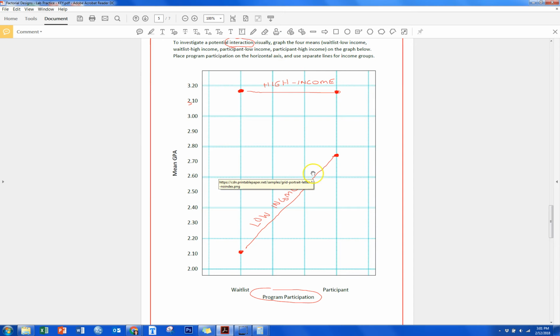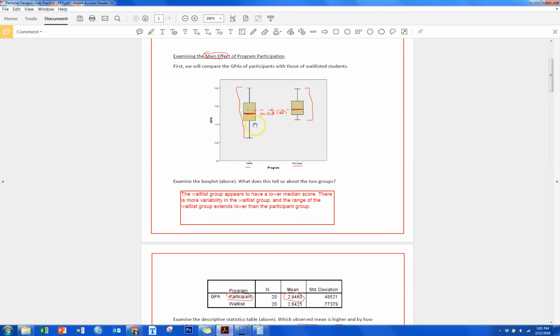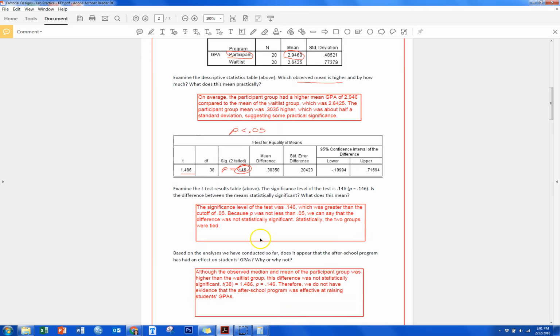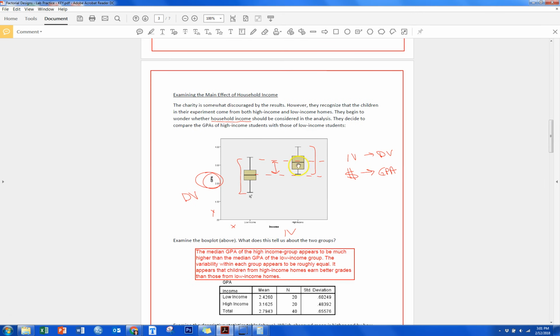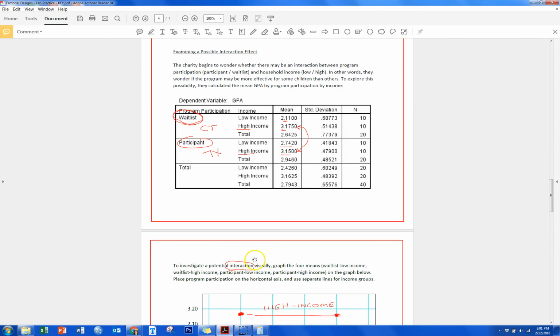Now, is there a statistically significant interaction? You could have a situation where you see this pattern, and even though there appears to be an interaction, just like, remember the first graph, this group appeared to be higher, but it wasn't statistically significantly higher because p wasn't under 0.05. Here that appeared to be higher, and it was statistically significant, p was less than 0.05.